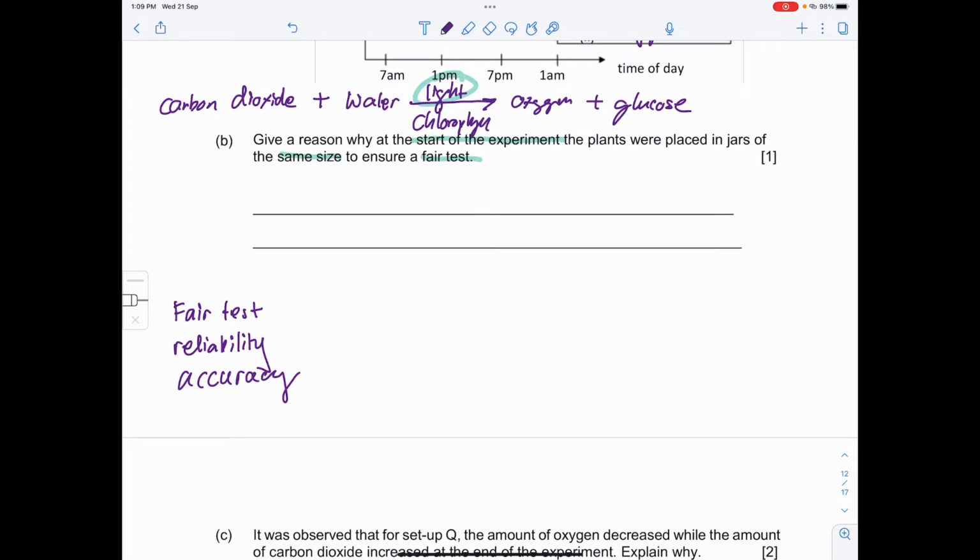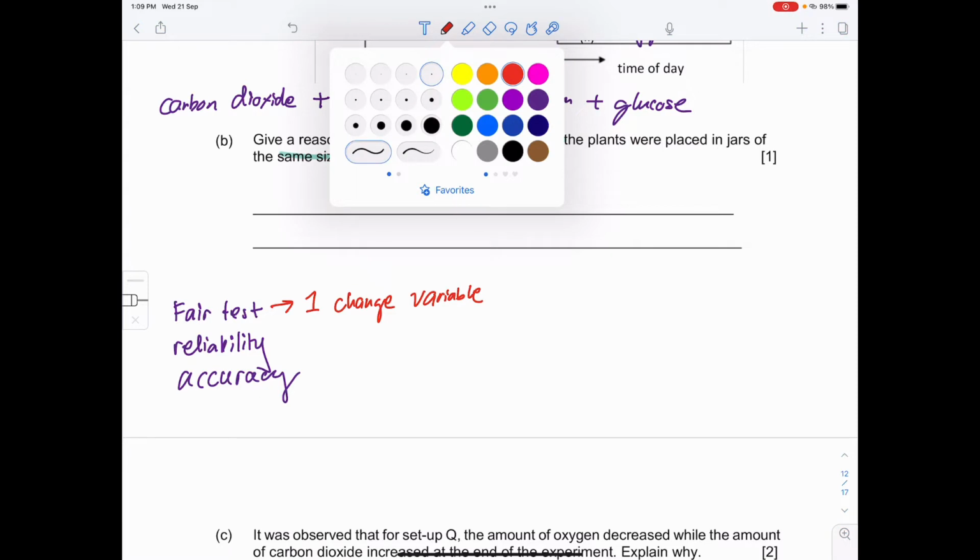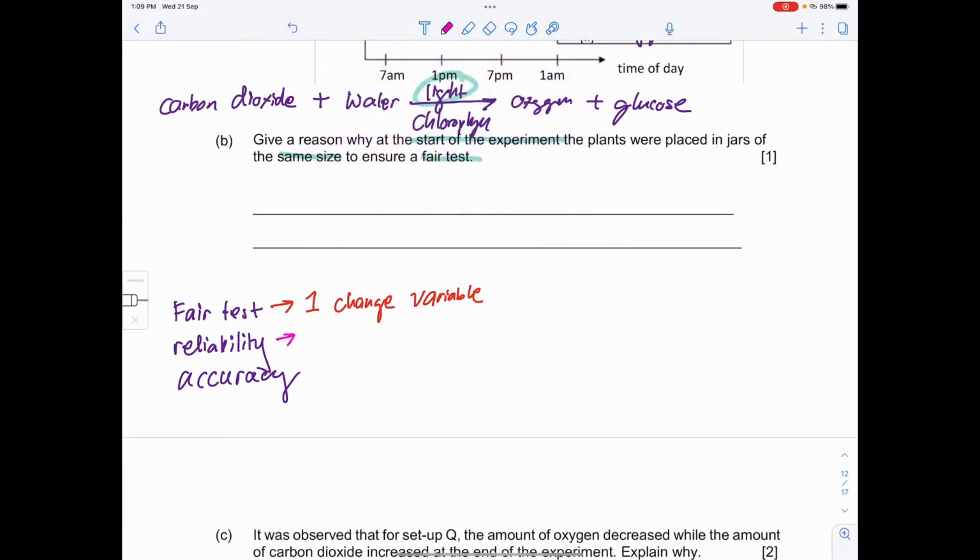Now, these 3 things refer to different parts of the experiment. For fair test, it talks about your change variable being only one change variable. For reliability, it talks about whether your results can be repeated.